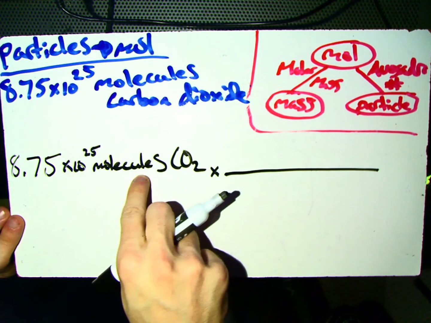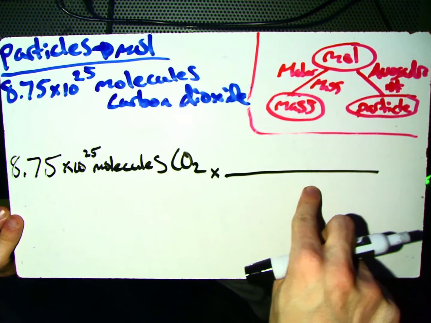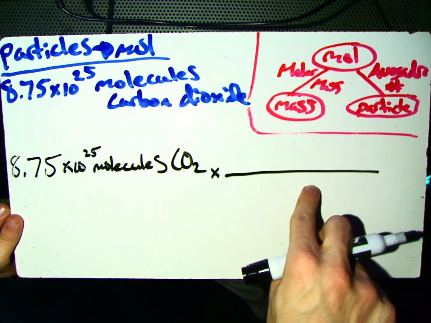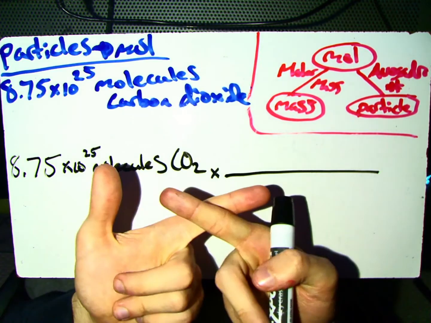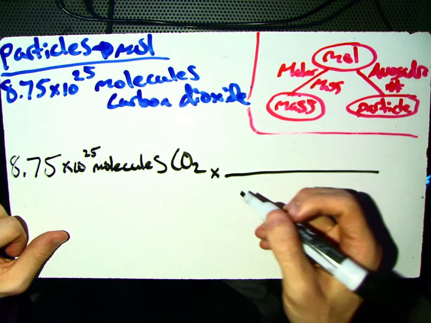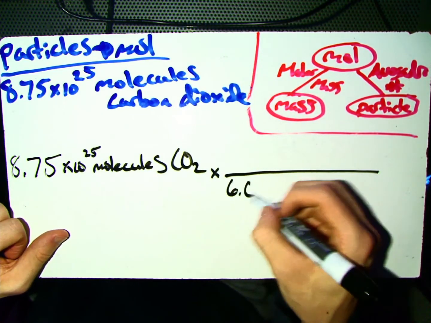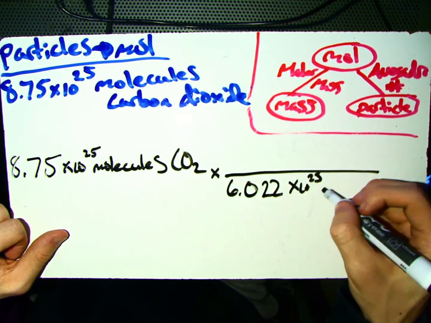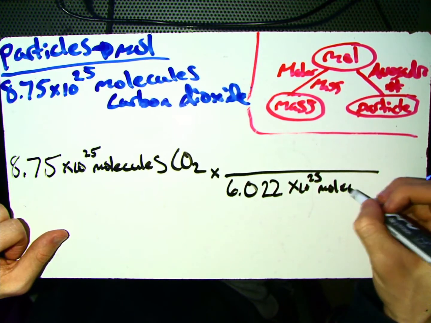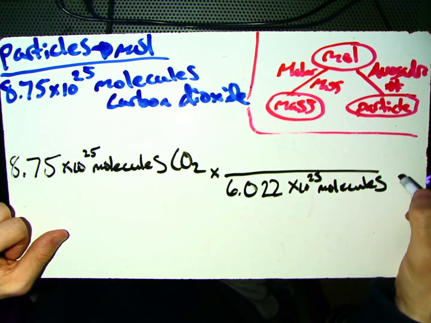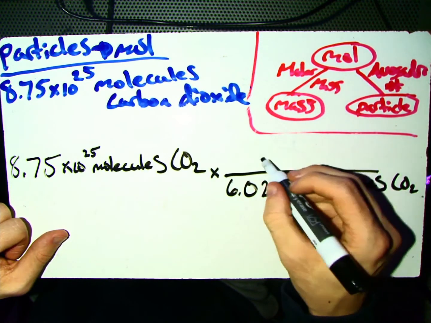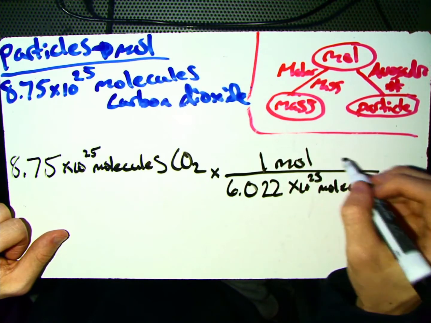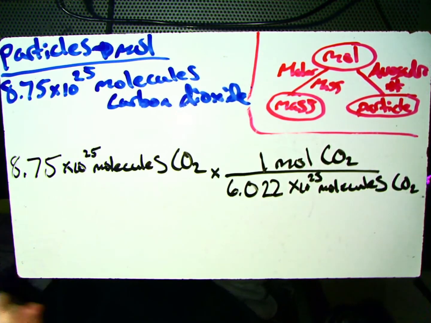Well, if we have molecules in our numerator here, then to cancel it out, it has to go in our denominator, right? Cancel out units diagonally. So 6.022 times 10 to the 23rd molecules of CO2. And we want to get to moles, so 1 mole of CO2.